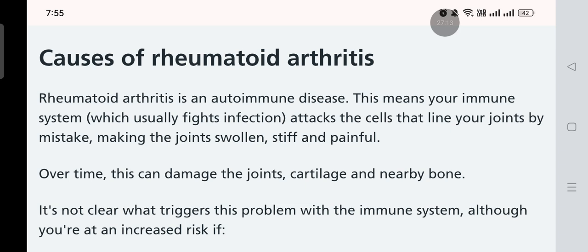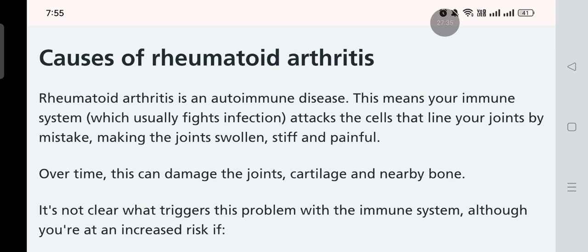Causes of rheumatoid arthritis. Rheumatoid arthritis is an autoimmune disease.